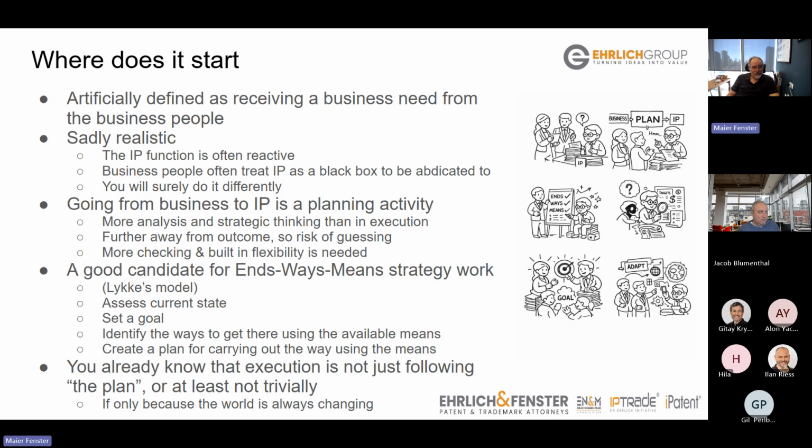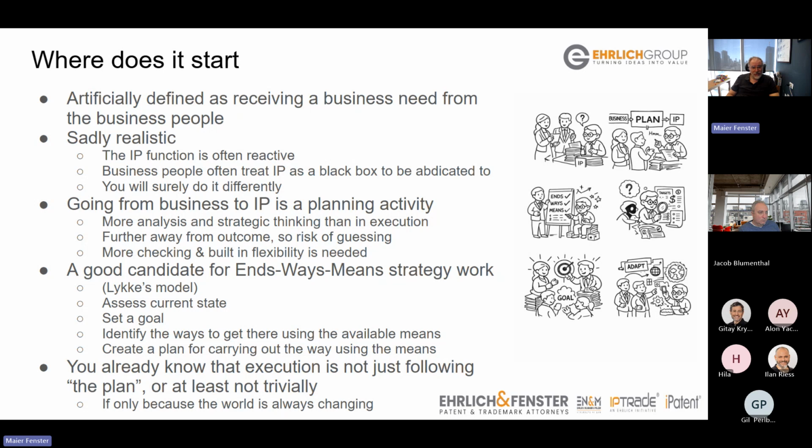Let's look at the beginning. We have to go from needs to IP actions. Defining it artificially as receiving a business need from the business people. Now, this might sound good, but it's actually not good. Why?